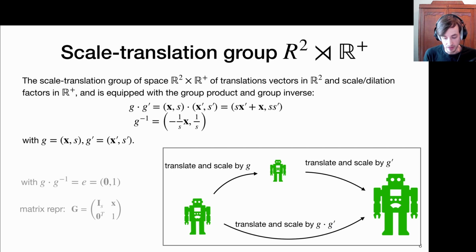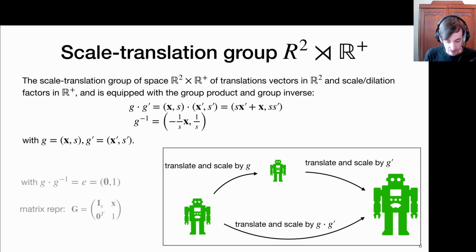And you see here, what does it mean? We scale the translation vector of the second one, add a shift to it, and we scale the overall scale vector with multiplication. Right? If I scale something with a factor 2 and then scale it again with a factor 2, we have a net scaling of a factor 4.